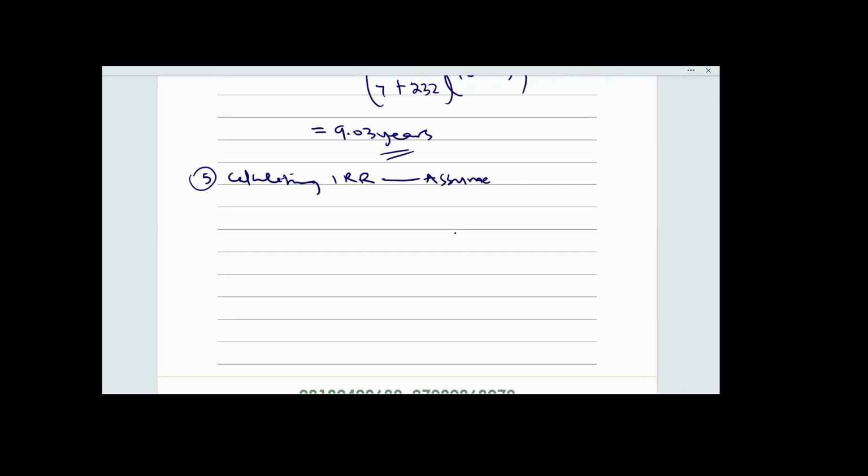If 20% is negative, then we assume 17% as our second discount rate. But if 20% is positive, then we increase it to get a negative NPV. So first, let's assume 20%. We then use this 20% to compute NPV.